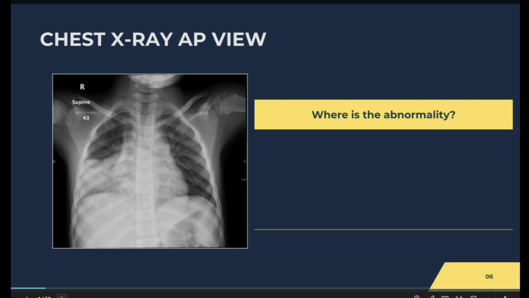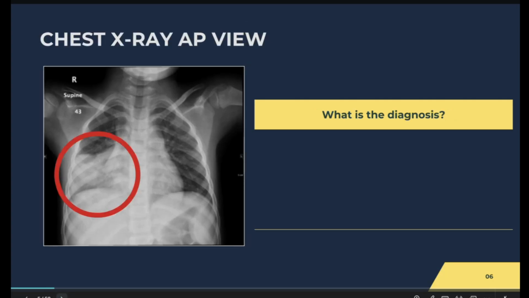So if you start looking by the midline and then compare the two sides. Yes, someone said right lower zone and right middle lobe. So that is the area there. Can anyone think of a diagnosis for this?